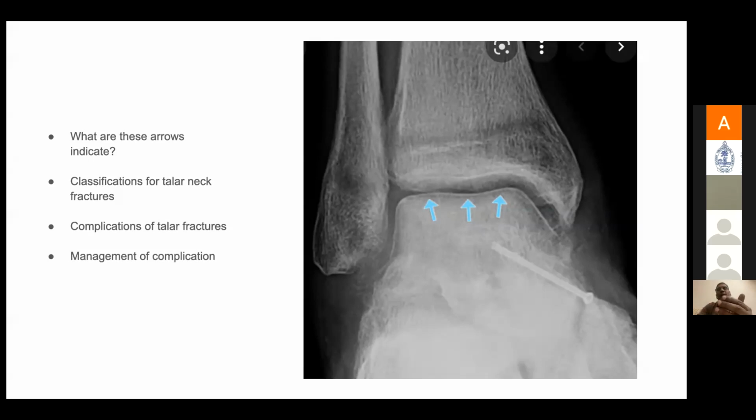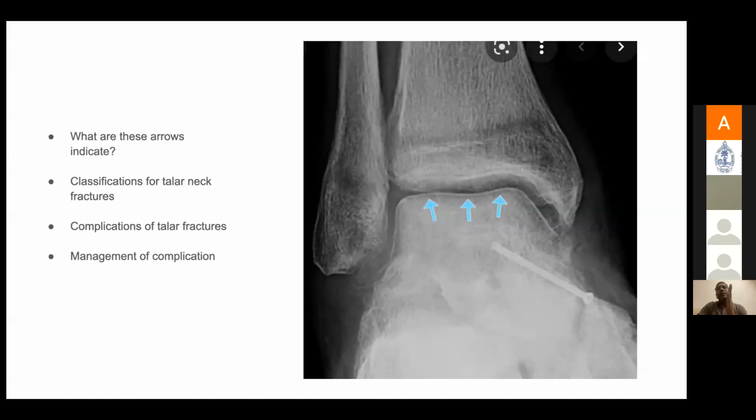Most areas are covered with cartilage: the ankle mortise, subtalar joint, talonavicular joint, everywhere. So in which areas do you get the periosteal attachment so that blood vessels can go into the talus? Sinus tarsi. Deltoid. And also some part of the posterior process. So these are the areas.